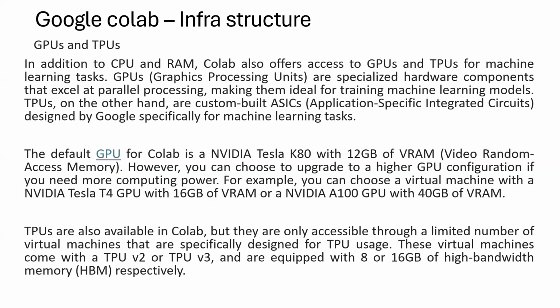That's why. Okay, so even for TPU, we have V2 and TPU V3, which are equipped with 8 or 16 GB of high bandwidth memory. Okay, so TPUs are application specific processors. Now, these are all the actual content of the basics of cloud, what are the paid cloud service providers we have and what are the non-paid cloud service providers we have.